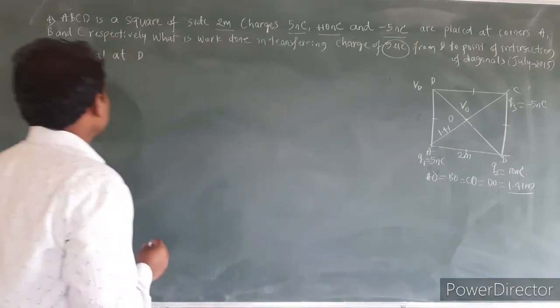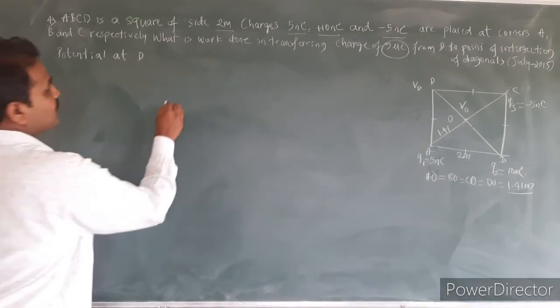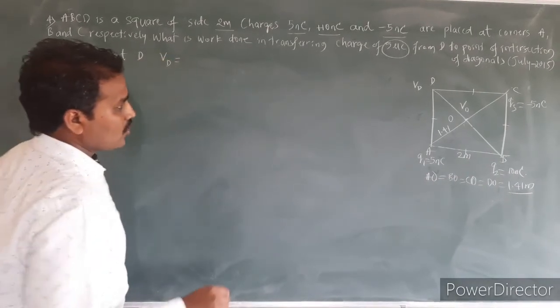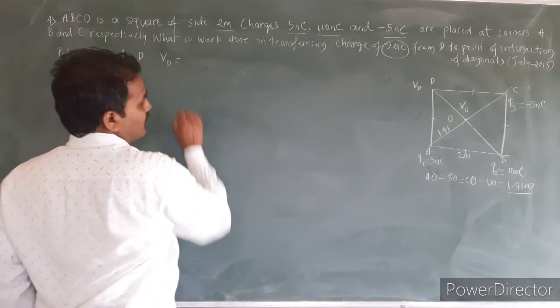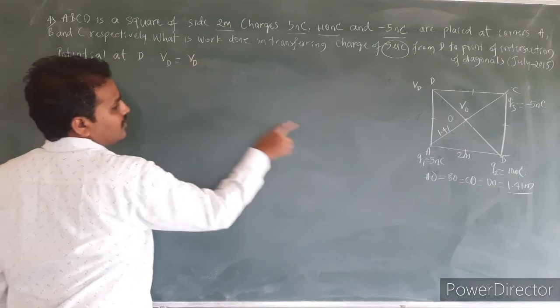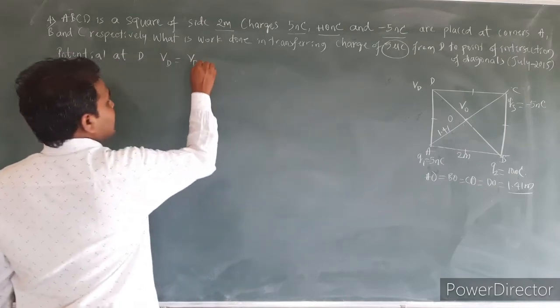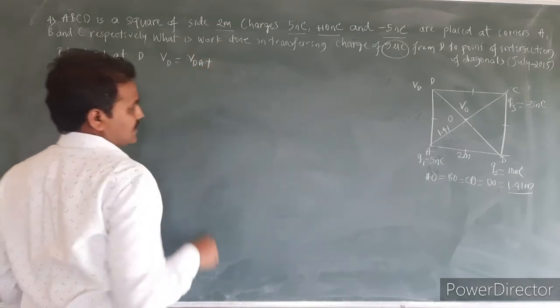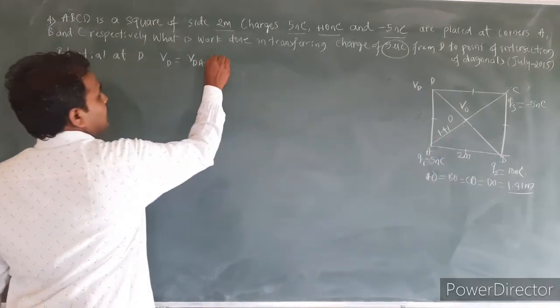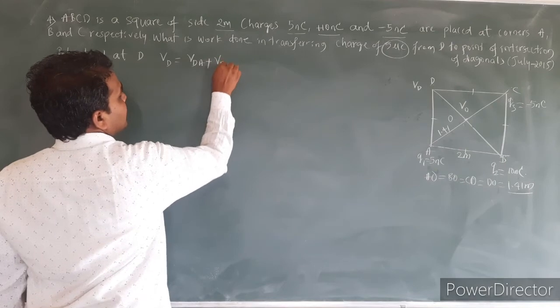Then the potential at D, I can write as VD is equal to the sum of the potential at D because of charge Q1, which we write as VdA, plus the potential at D because of charge at B, which I write as VdB.